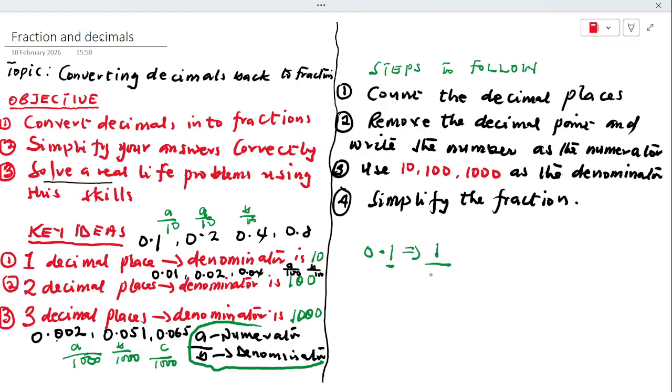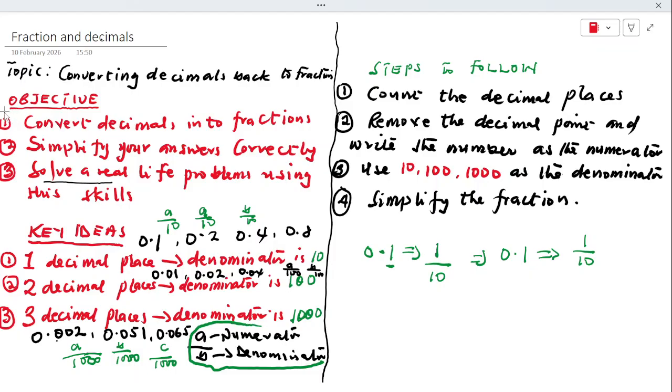Hence, this one will have 10 as the denominator. Then you simplify the fraction. Look for common numbers that can divide these two numbers. In this case, there is no common number. So our answer, 0.1 in fraction form, is 1/10. I hope this is clear and it is simple.